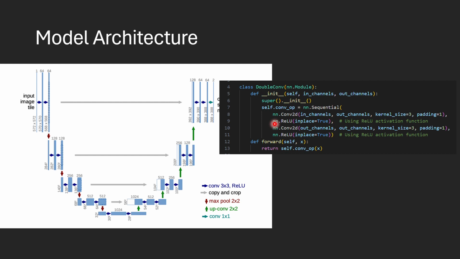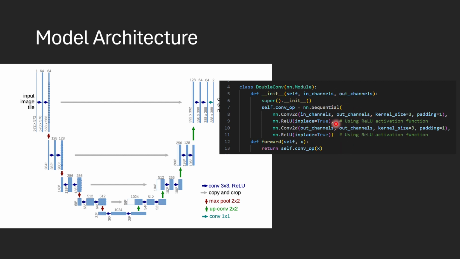But the main concept here is we are using two convolution layers, and whenever I pass any input during the forward pass, it is going to pass through both of these Conv2D layers.